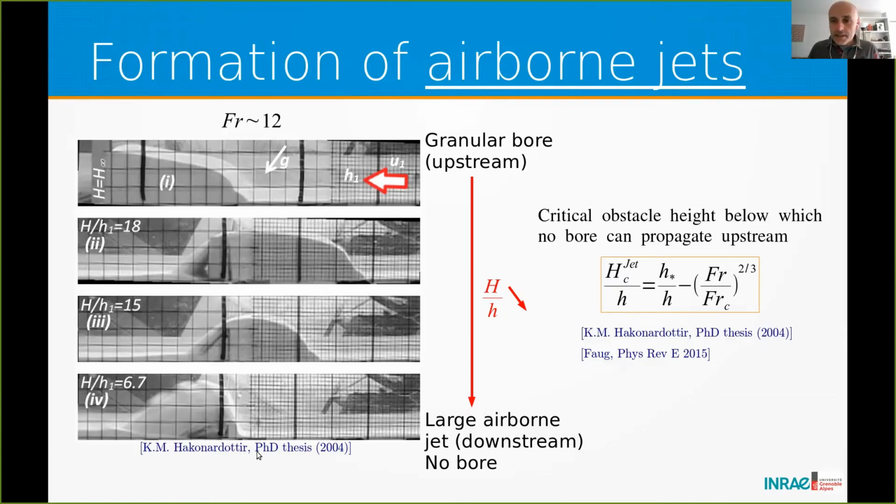So there exists a critical height of the wall below which this airborne jet will be formed, and above which the granular jump still propagates upstream and forms a standing jump. We can show that this critical height of the obstacle can be approximated by the jump height minus the Froude number divided by the critical Froude number to the power 2/3.